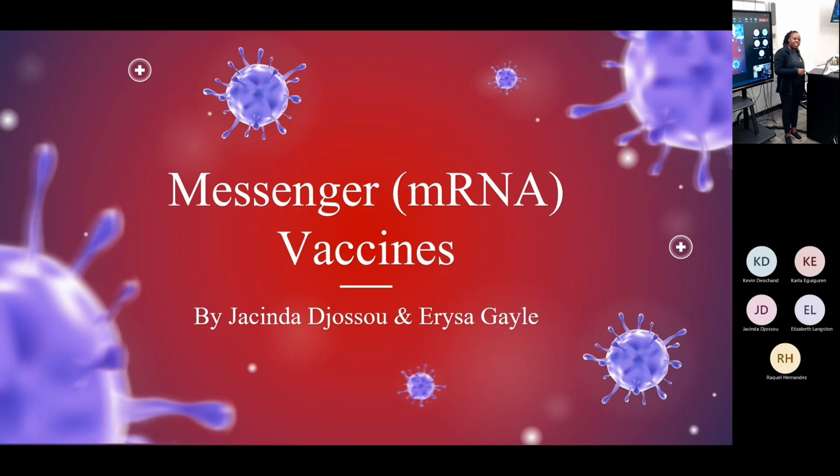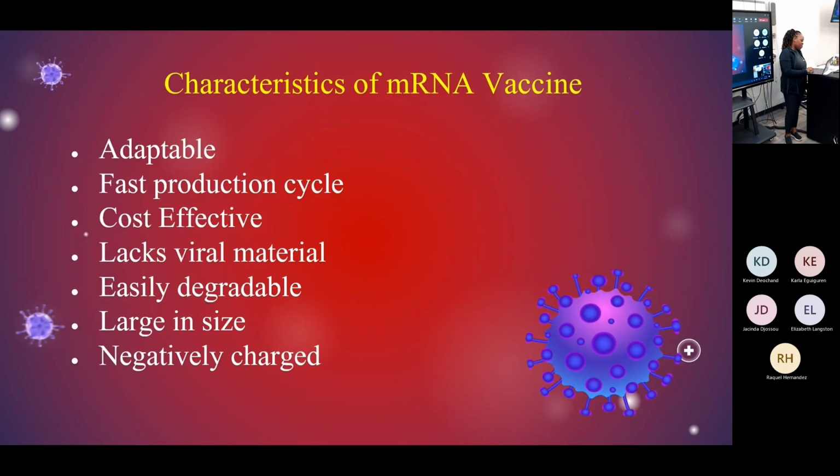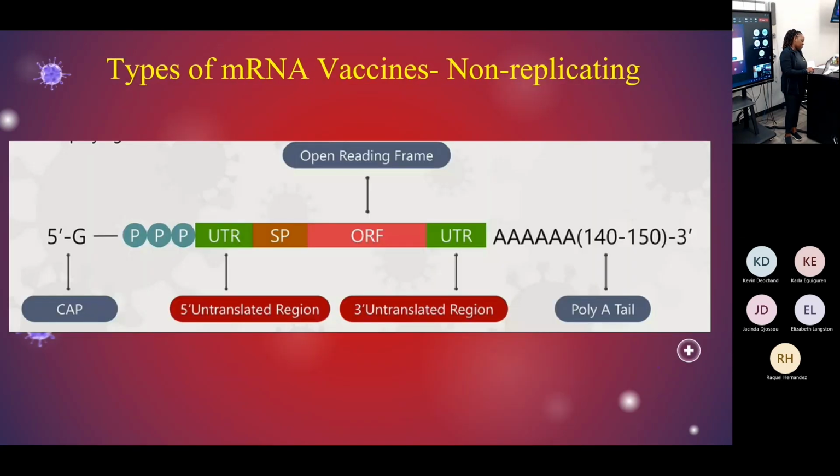Okay, so this slide. What they do, it contains the 5' untranslated region and the 3' untranslated region, along with the target antigen sequence.